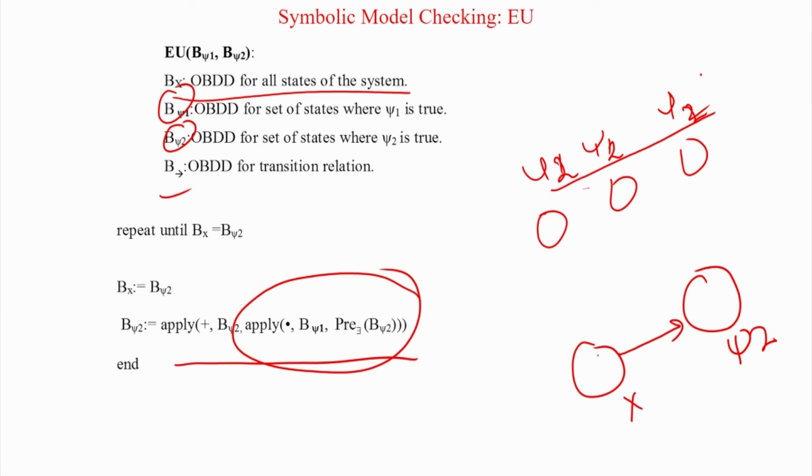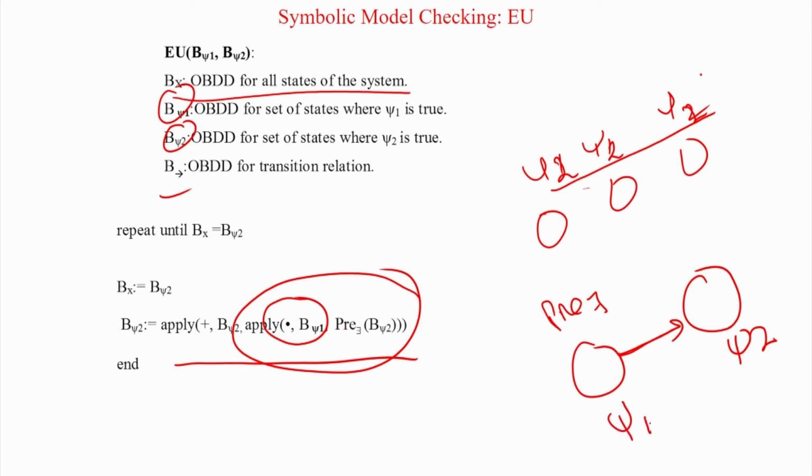So this is the pre-existential of psi 2: the state where pre of X holds, because from this there is an edge to a state where psi 2 is true. You take all such states and then you AND with the states of B of psi 1. That is the apply dot, which means ANDing with the states where psi 1 is true.